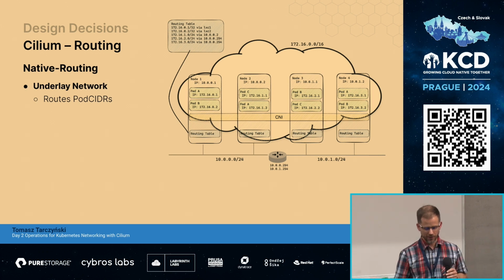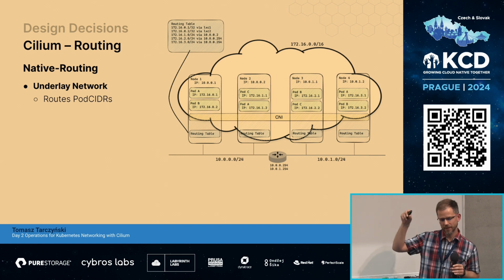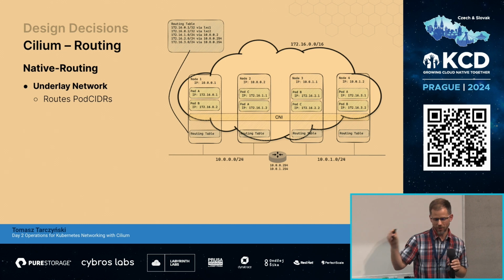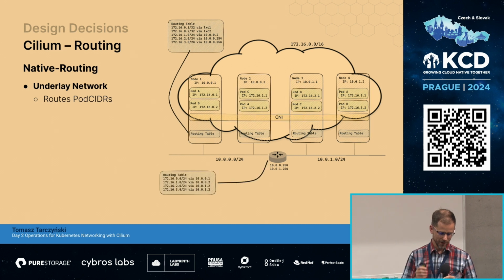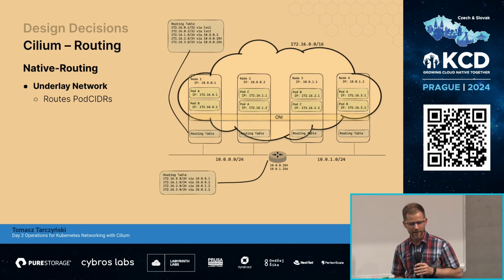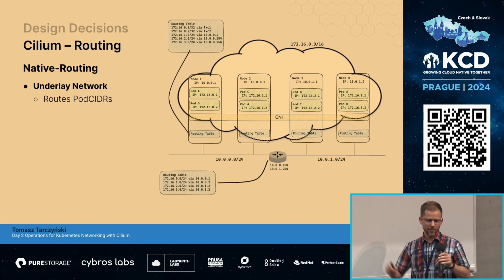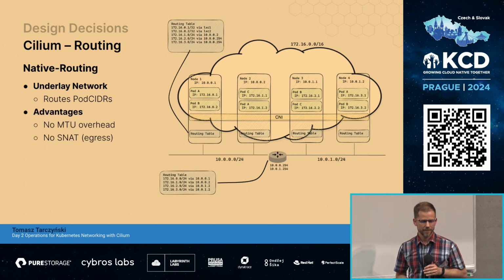To make that work, we need to configure the routing tables on all the nodes so that the nodes are aware how to route traffic to pods on all other nodes. And similarly, the underlying network also needs to have the knowledge of this network topology and how to route.